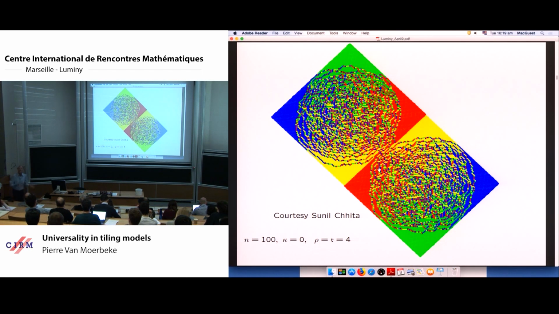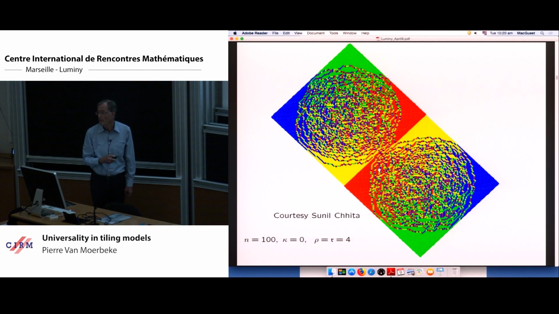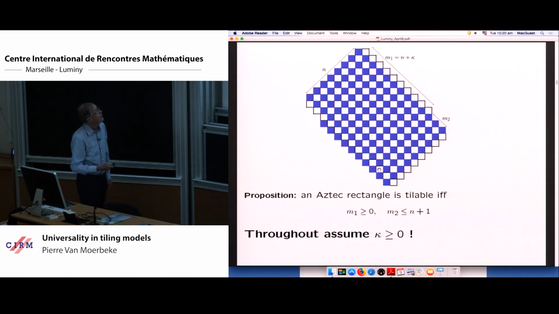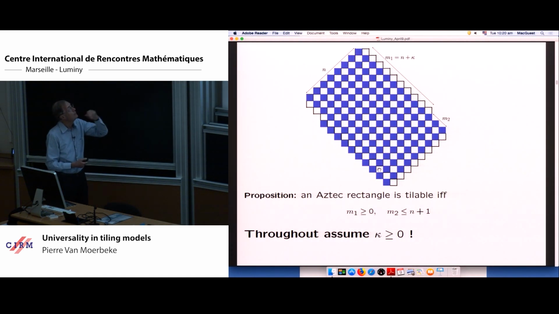Now you might say, why look at that, and that will become clear later on. But most of my talk will be trying to figure out what the probabilities are in between here, what's really going on, okay? So the first question: such a rectangular Aztec diamond, is it tileable?